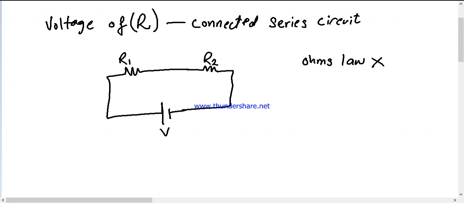We avoid Ohm's law in the voltage divider circuit for our convenience.